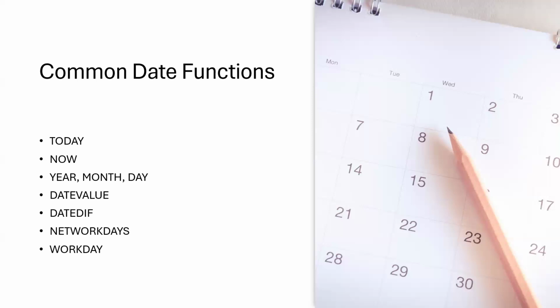With NETWORKDAYS, you provide data. Within that data, you are telling Excel, I'm giving my start date, but I want you to tell me when I'm going to finish, depending on the number of days that I have to work, but take into consideration weekends.